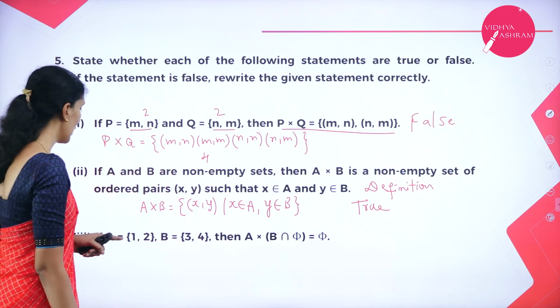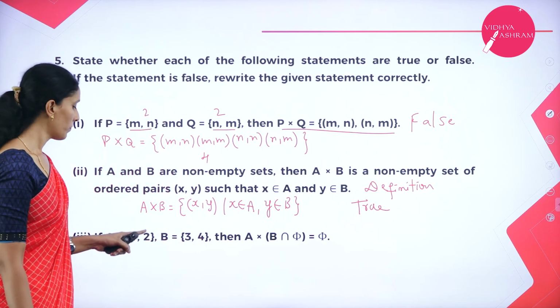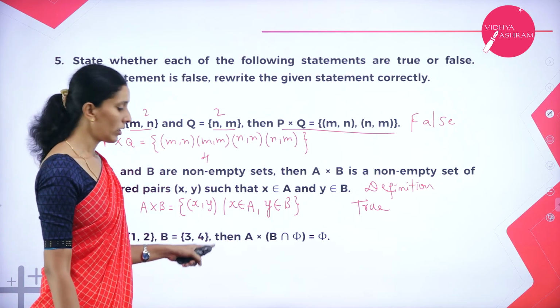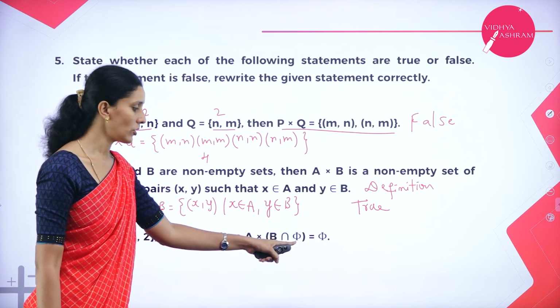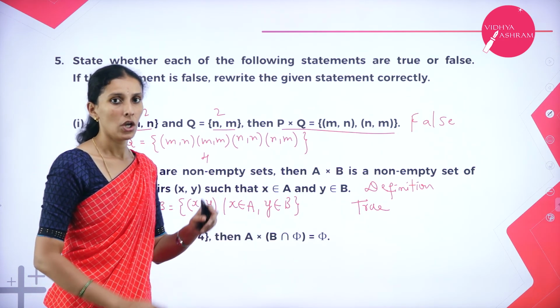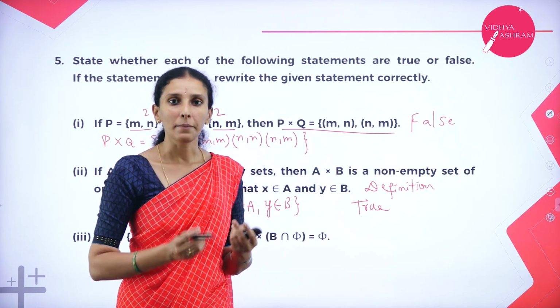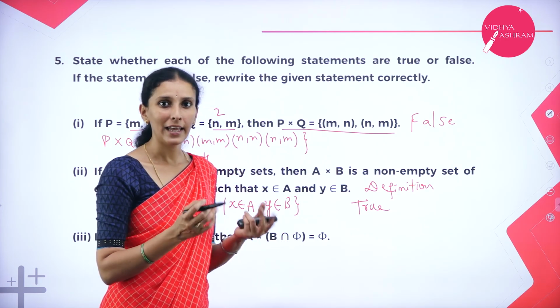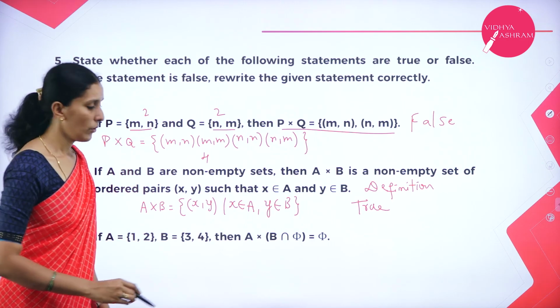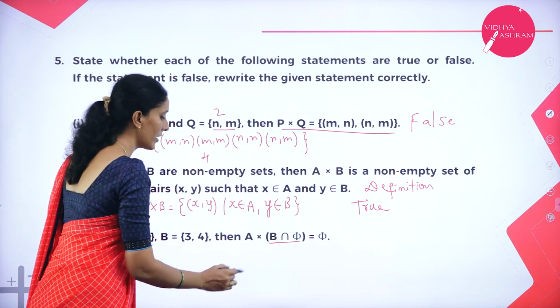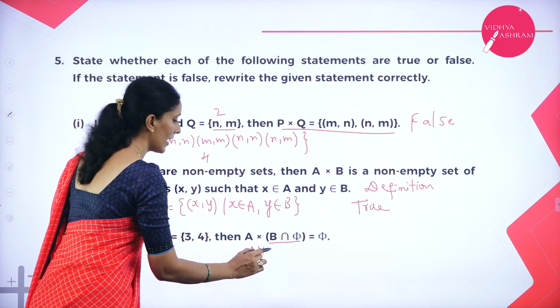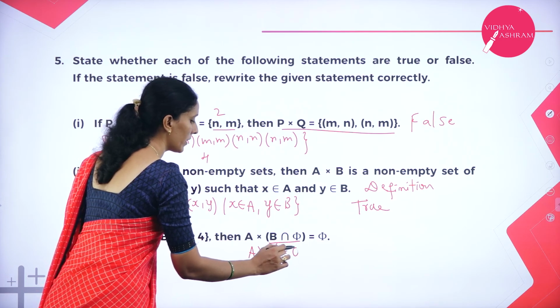Next question. If A is equal to {1, 2}, B is equal to {3, 4}, then (A cross B) intersection empty set is empty. What is the intersection of any set with the empty set? Since the empty set contains no element, their intersection is empty. So if their intersection is empty, then A cross empty is also empty.